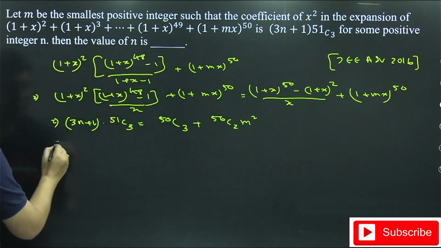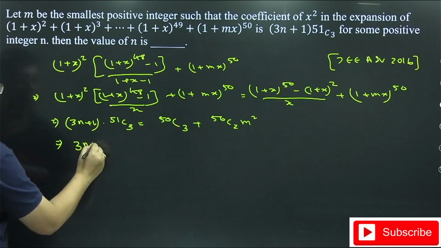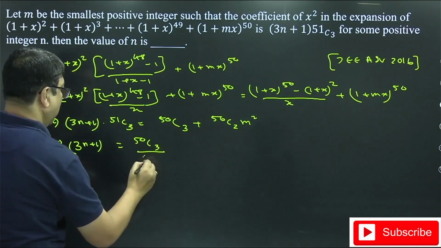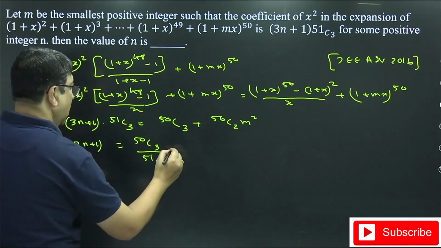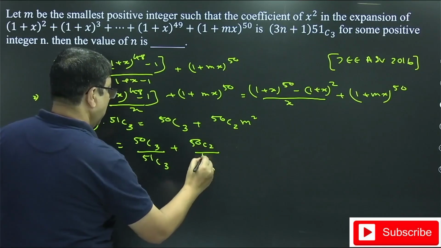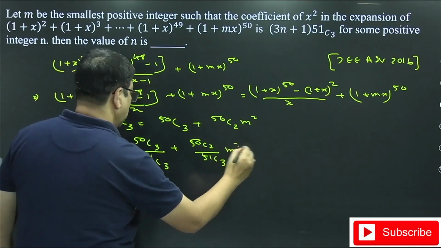Now we can write 3n plus 1 equals 50C3 by 51C3 plus 50C2 by 51C3 into m square.